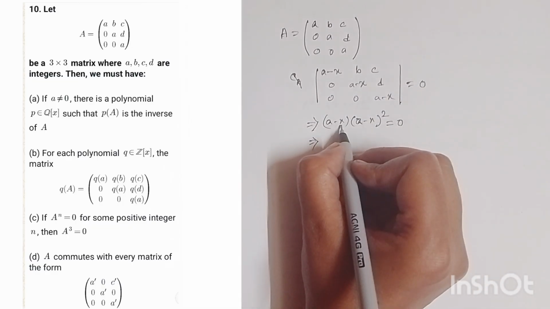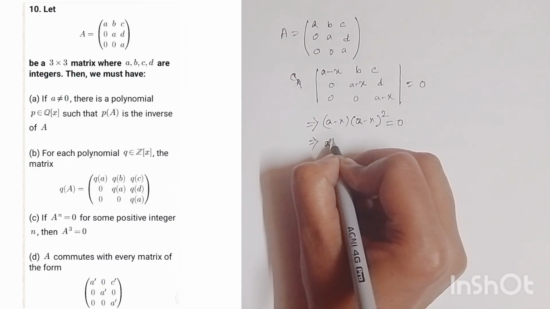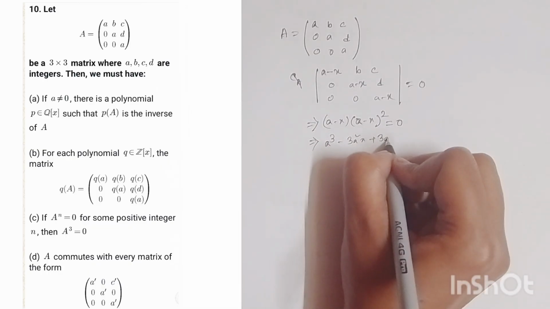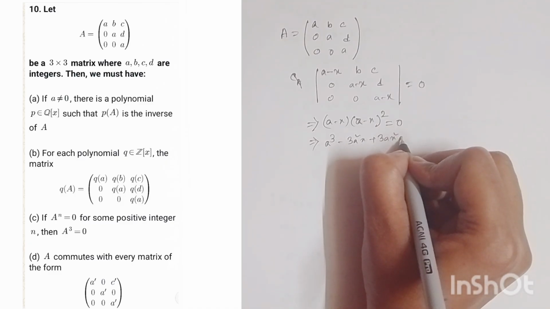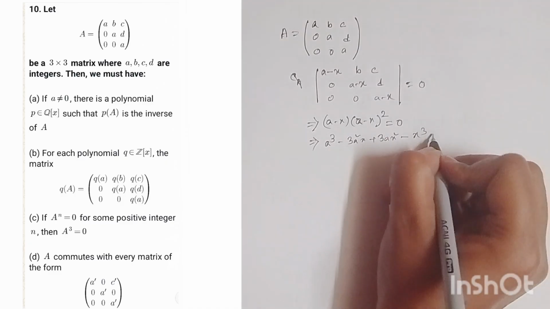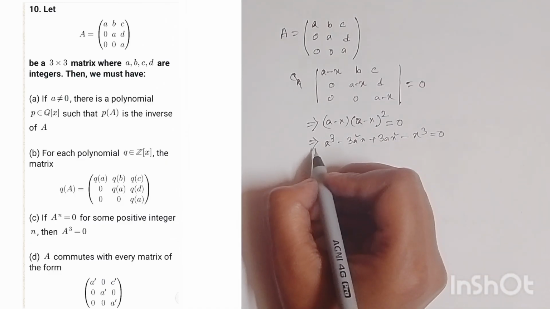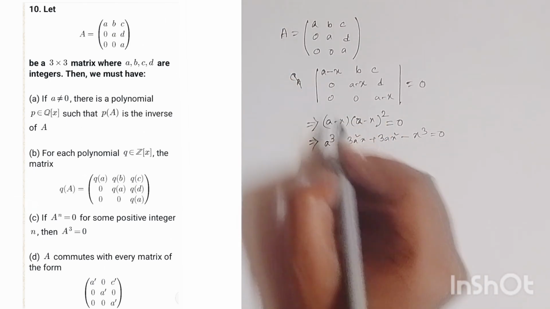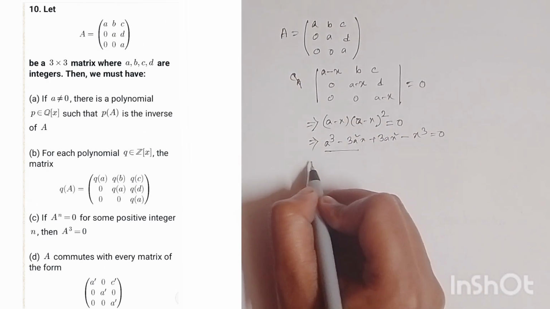This equals (a - x) the whole cube, that is a cube minus 3a square x plus 3a x square minus x cube. So we know by the Cayley-Hamilton theorem every matrix satisfies its characteristic polynomial.